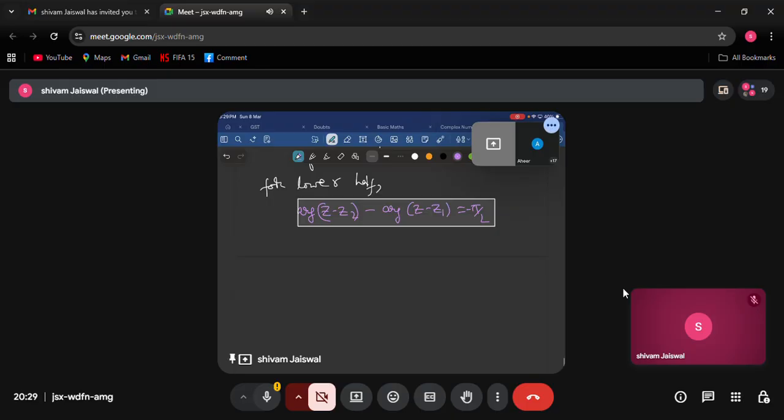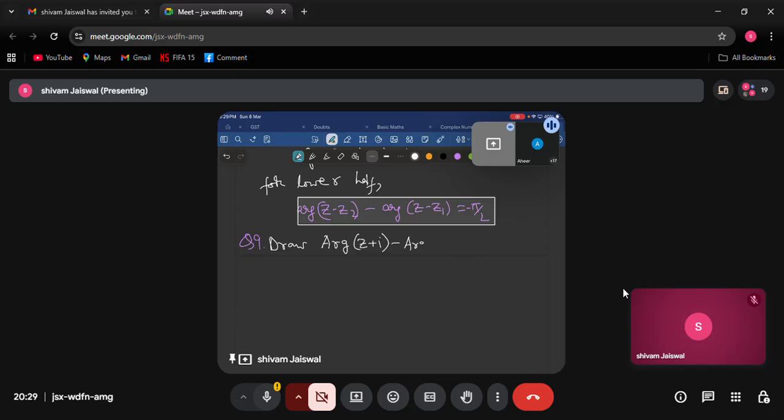So everyone, question number 9. Draw argument of z plus iota minus argument of z minus iota is equal to pi by 2. Okay, draw it in your copy and send.